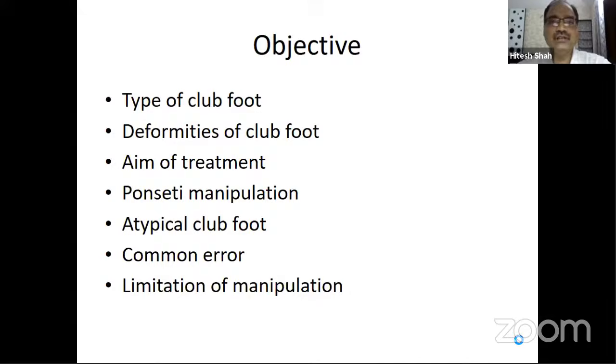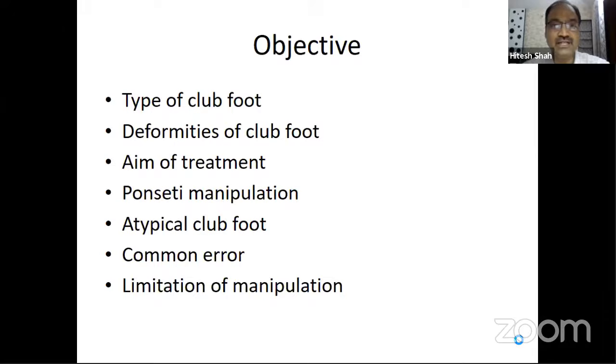So I'm going to cover a few parts in my talk. Important is the type of clubfoot; all clubfeet are not the same. So we need to identify the clubfoot types, the various deformities and simplification of the deformity, and how to identify the hindfoot deformity and the forefoot deformity. What is the primary goal of treating clubfoot? A few technical details of the Ponseti manipulation.